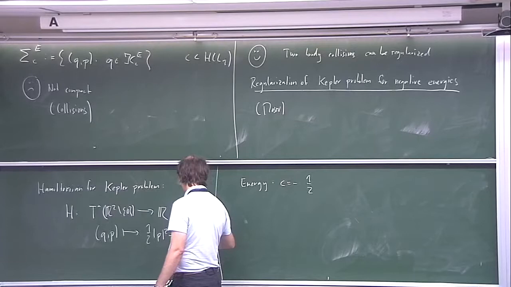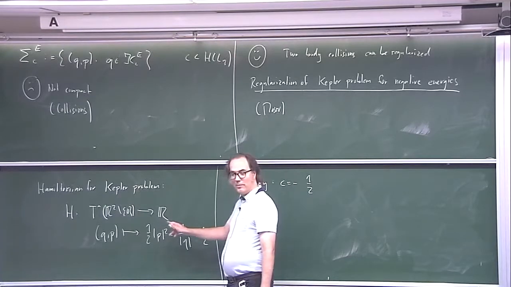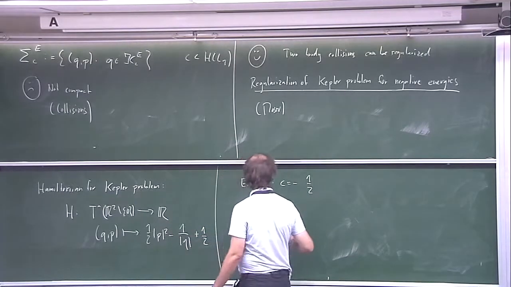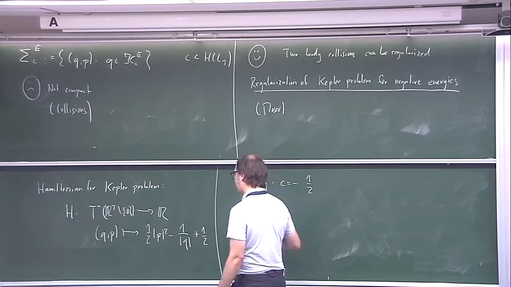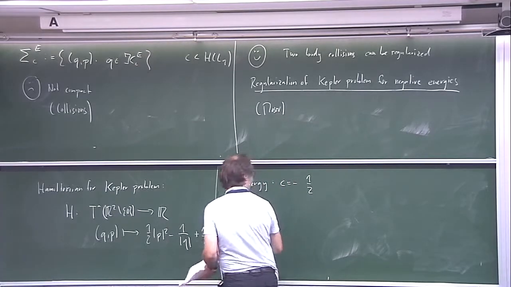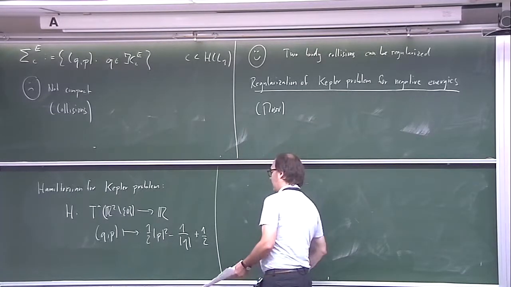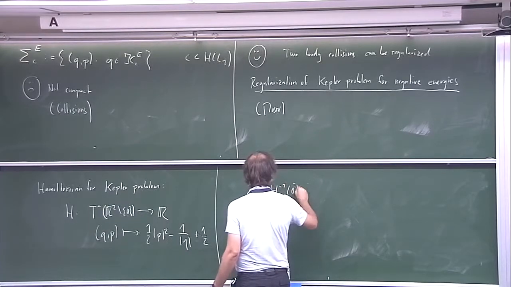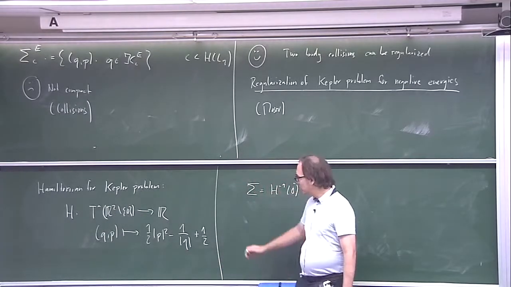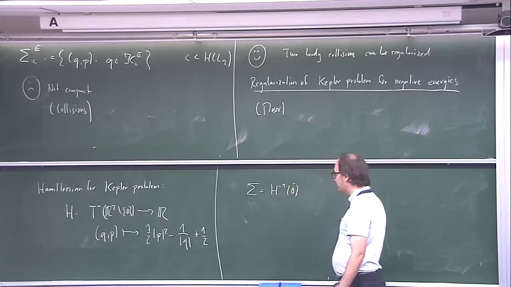Maybe I add here 1/2 and then make the whole Hamiltonian 0. So let's look at sigma equals H inverse of 0. If you don't add this here, this means you have energy minus 1/2.